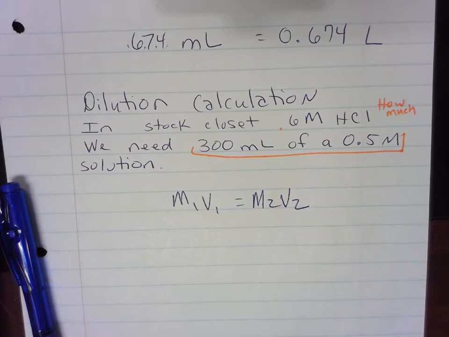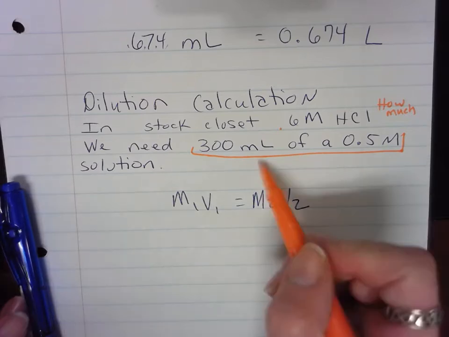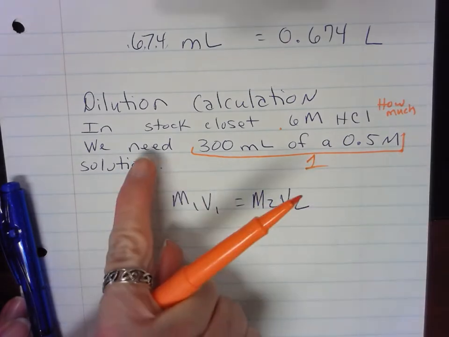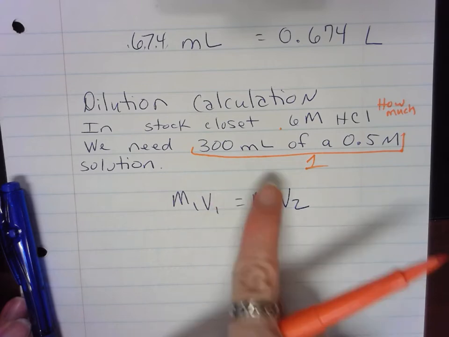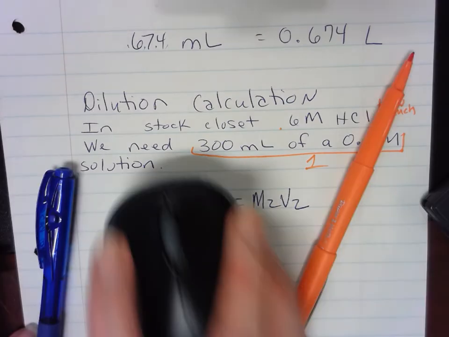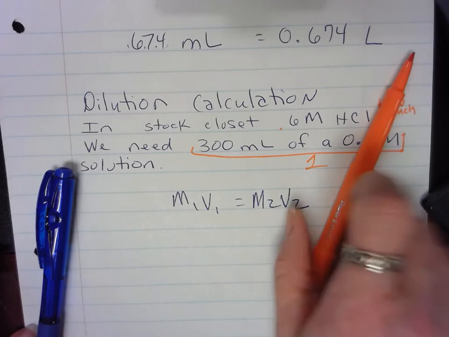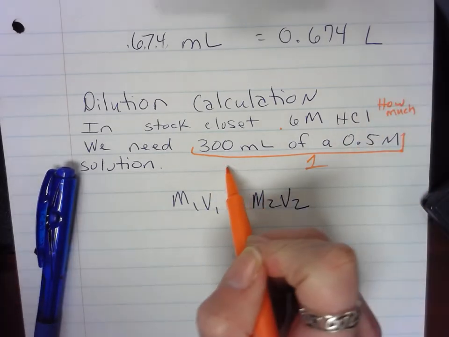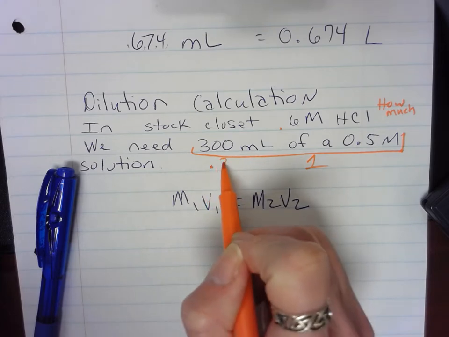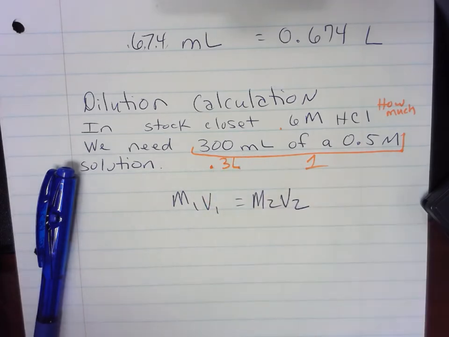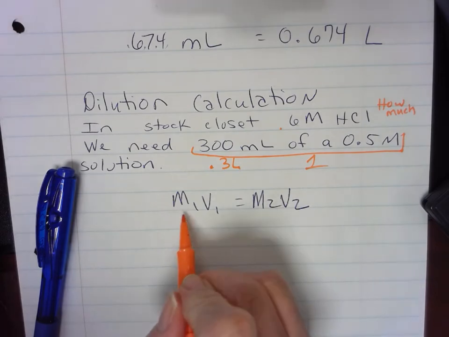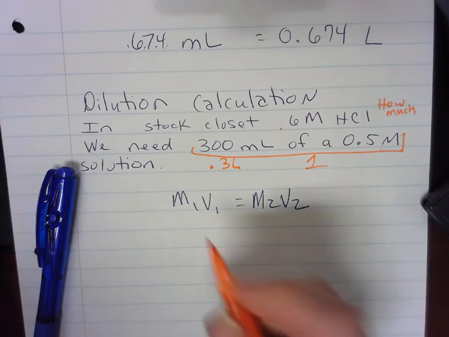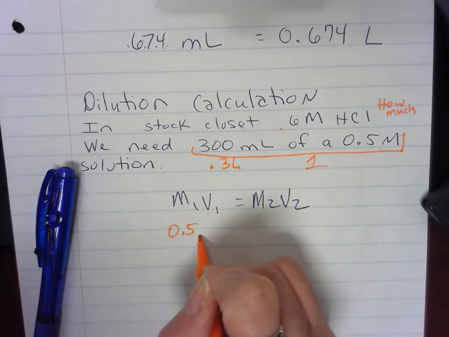But since they gave me this information, I'm just going to call it 1, because we need a solution. So I'm going to call this 1. And remember, the 300 milliliters, that's 0.3 liters. Move my decimal over 3 places. So the molarity of number 1 is 0.5 molar.